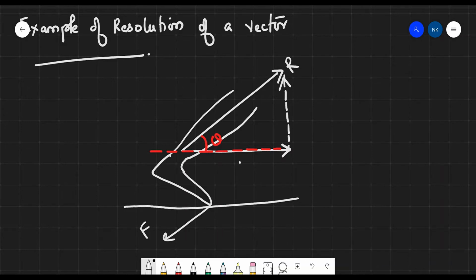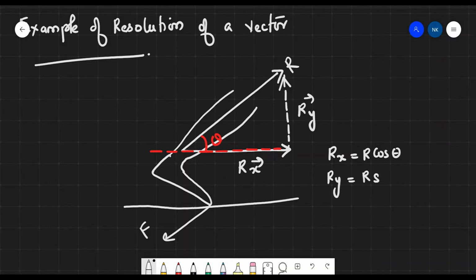Okay, so I would like to call this Rx vector and this Ry vector. And as we just discussed, Rx vector is going to have the magnitude R cos theta, and Ry vector is going to have the magnitude R sin theta. Rx and Ry.